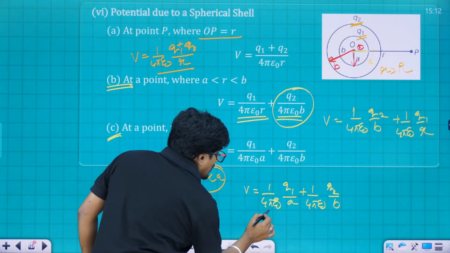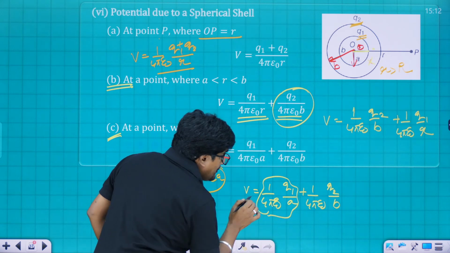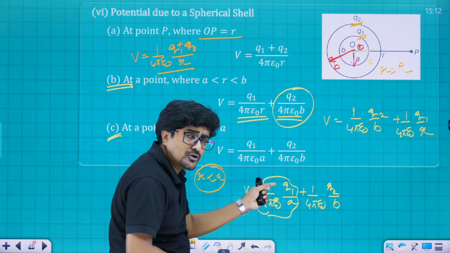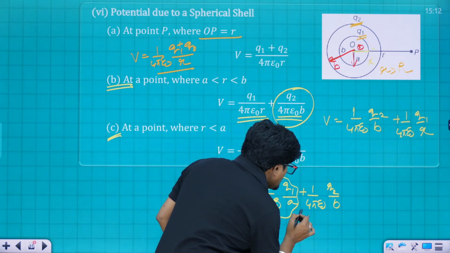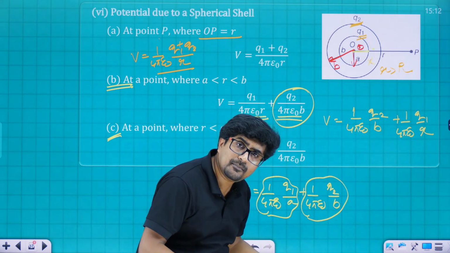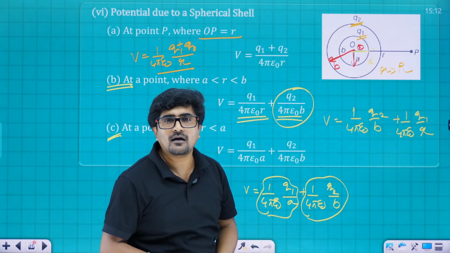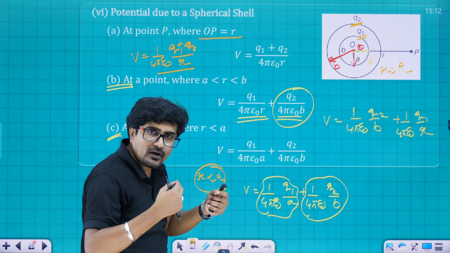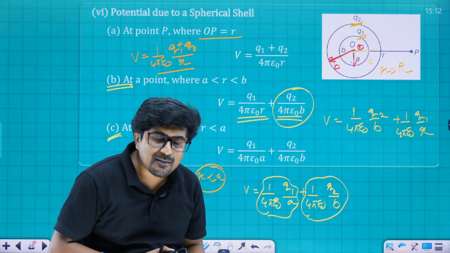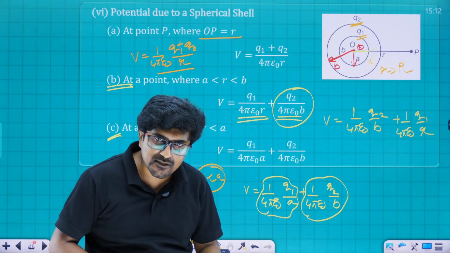That means electric potential due to the inner shell on the surface is 1 divided by 4 pi epsilon naught Q1 by A, and electric potential due to the bigger one on the surface is 1 divided by 4 pi epsilon naught Q2 by B. It is as simple as that. So if you are having any point inside, the electric potential is exactly going to be the same as that of electric potential on the outer surface.